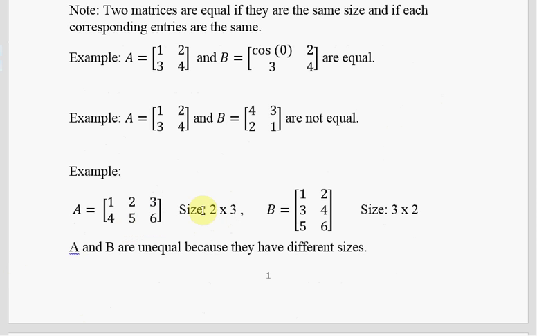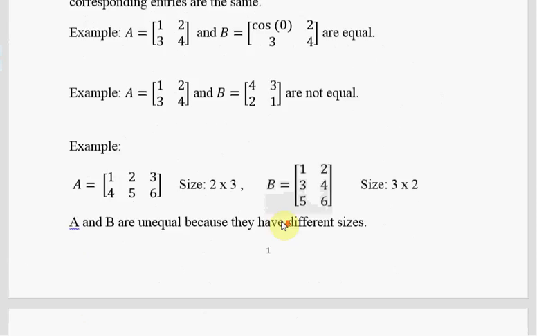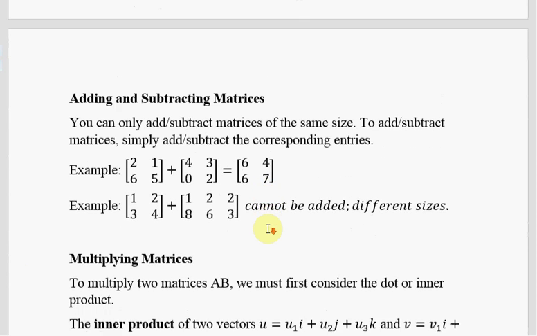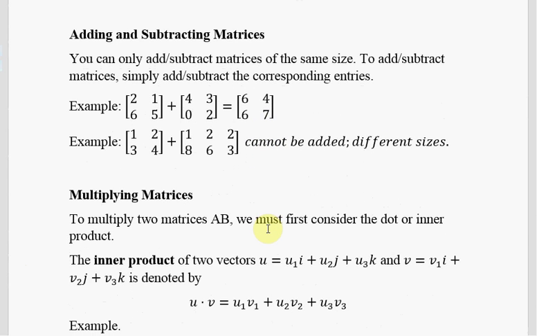Notice this next example: matrix A is a 2 by 3, and matrix B is a 3 by 2. Different sizes, so they're not equal. So to have equal matrices, they have to be the same size, and secondly, the corresponding entries must be the same.